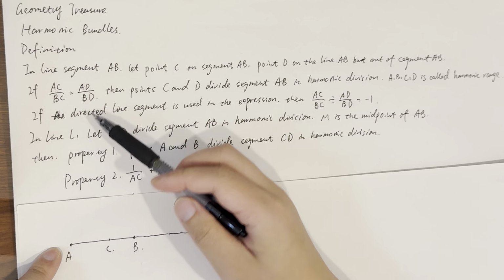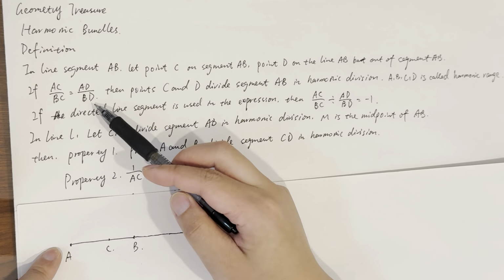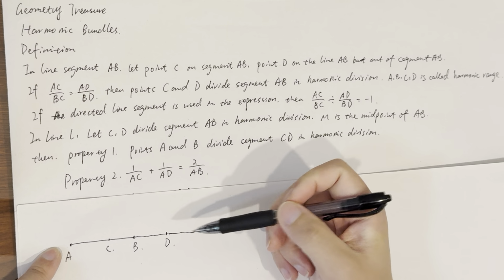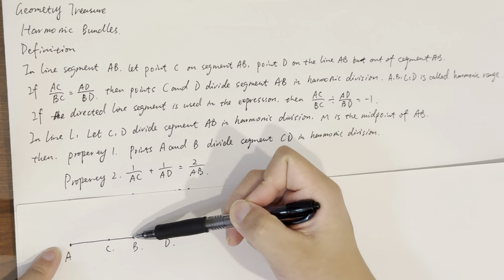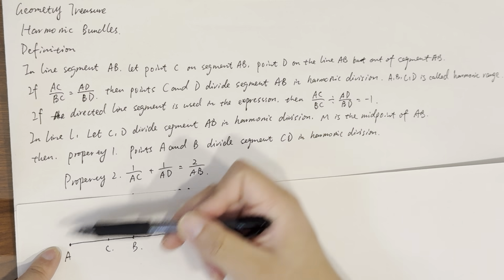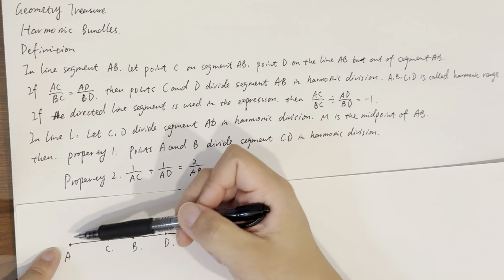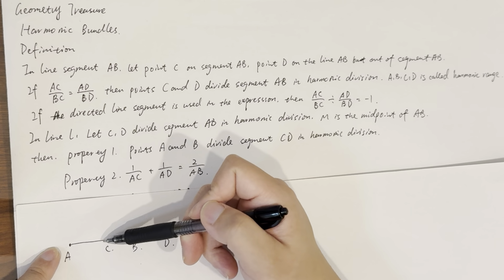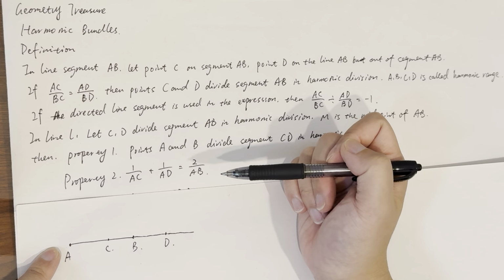So if AC to BC equals AD to BD, for example, D is here, based on this figure, AD to BD is larger than 1, so AC to BC should be larger than 1, right? So I put C here on the right side of the midpoint.